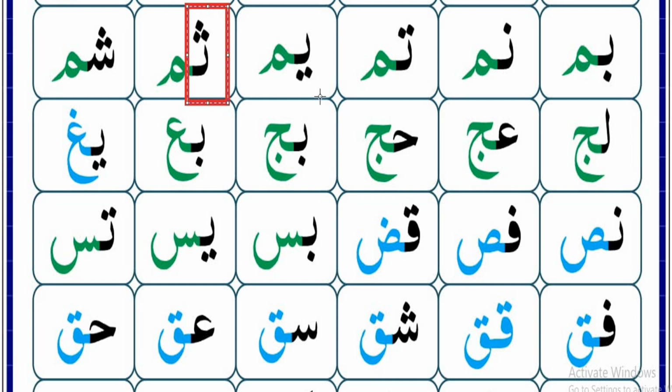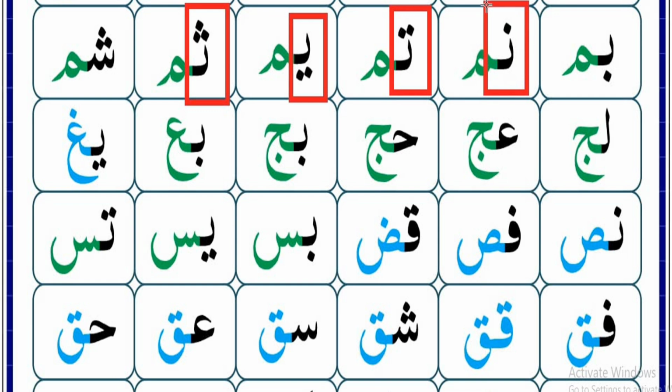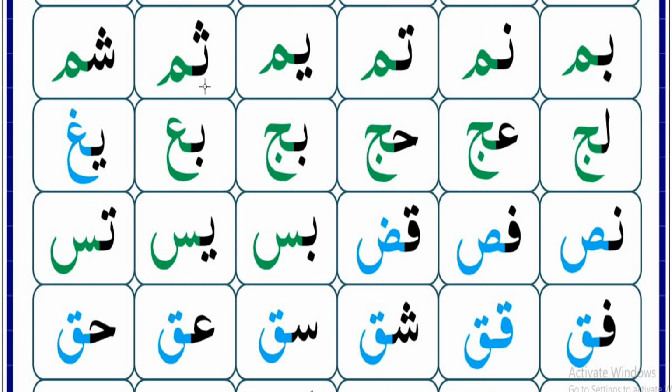So as we talked about, the difference between all these is just the number of dots and the position of dots. But sometimes the difference would be the shape. For example, this letter has three dots on top, and the next one also has three dots on top. So the difference isn't the number of dots or the position of dots.